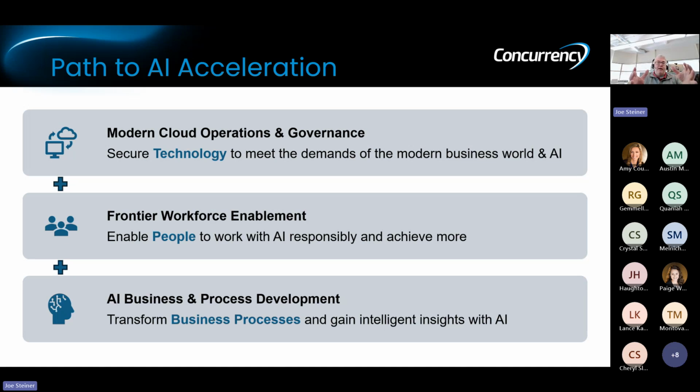We have the technologies that apply to people, to the workforce, and helping people adopt technology in our frontier workforce enablement area. And then we look at how we transform business processes. These are the things we typically do in our AI business and process development area.